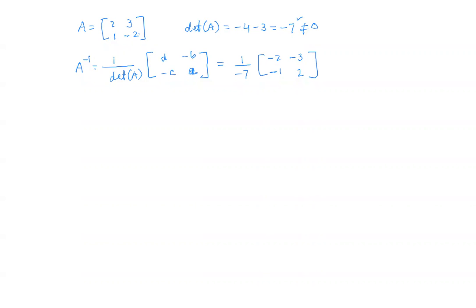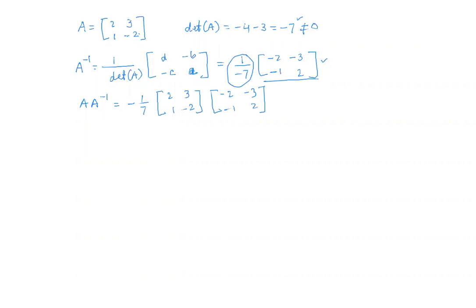Then multiply this matrix with the original matrix and multiply the result by -1 over 7. So if I do A inverse, I'll bring this thing up front. It's going to be -1 over 7 times 2, 3, 1, -2, and then this thing is going to be -2, -3, -1, and 2.